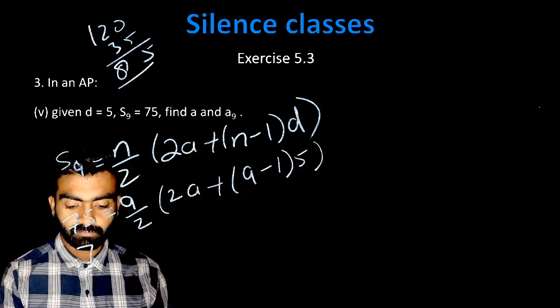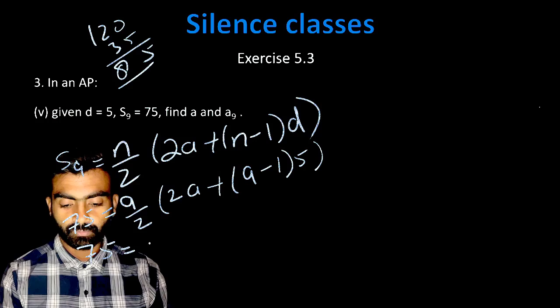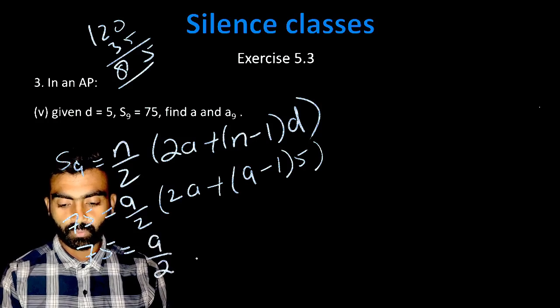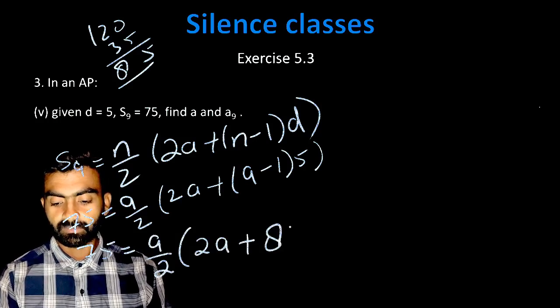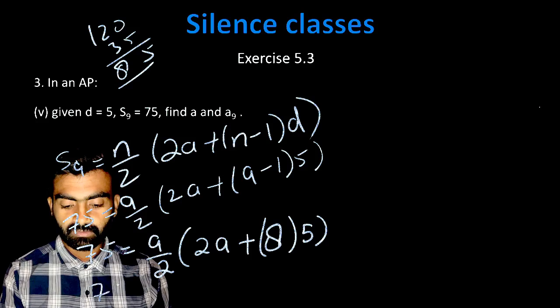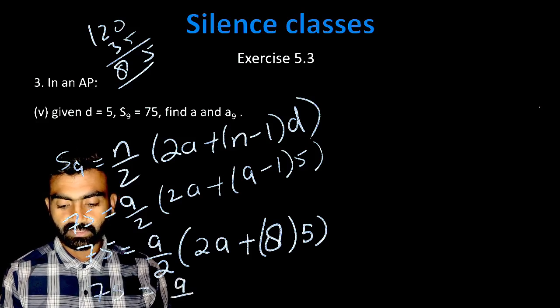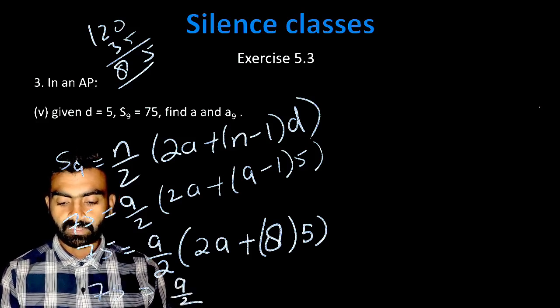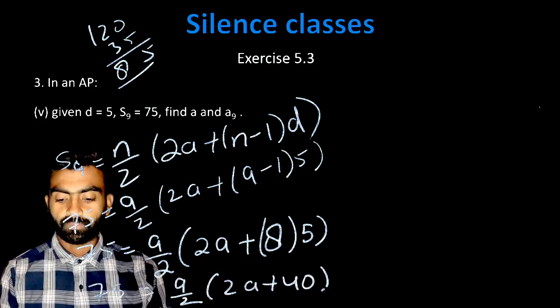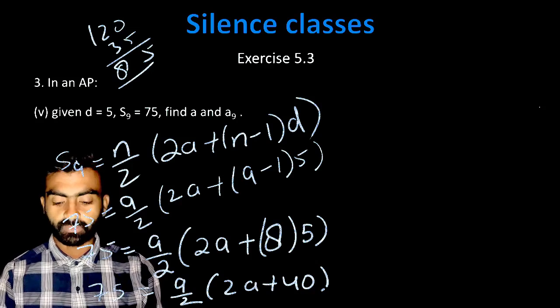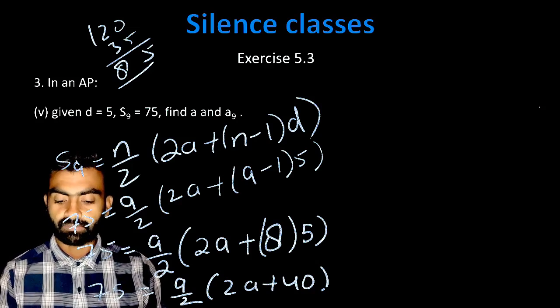So 75 is equal to 9 upon 2 times 2a plus 8 multiplied by 5. So we get 75 is equal to 9 upon 2 multiplied by 2a plus 40. Once we open the bracket, there is a multiplication sign, so we can directly divide and find the value.